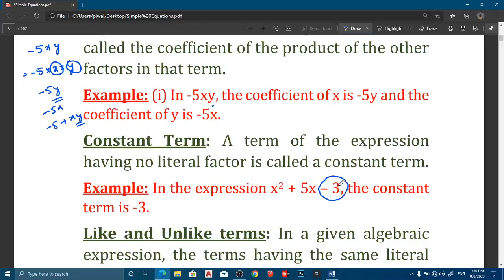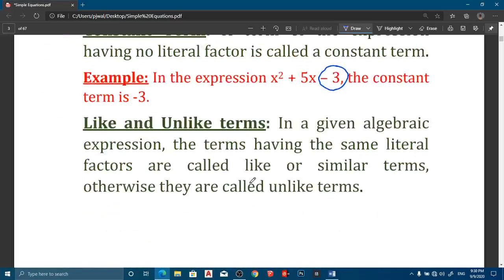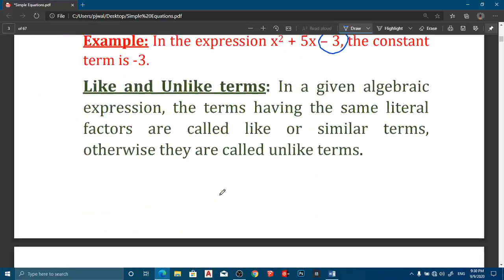There will be no variation in this. You cannot change the value of this minus 3; you cannot substitute in place of minus 3. You can substitute only in place of variables. That's why this is called a constant term. Next, like and unlike terms. It is very important.